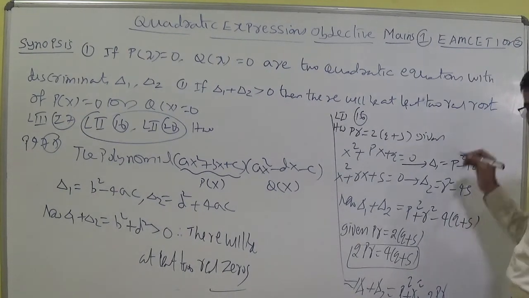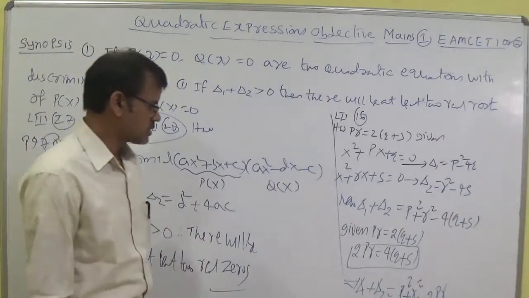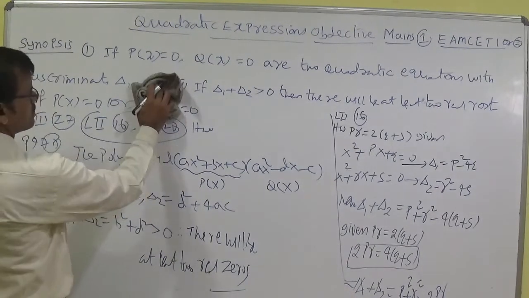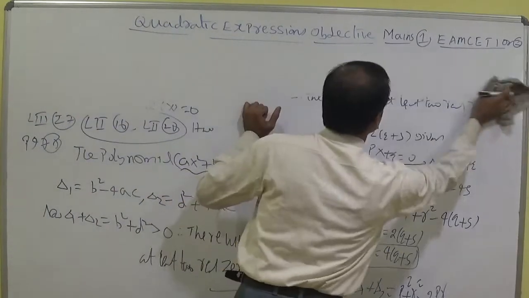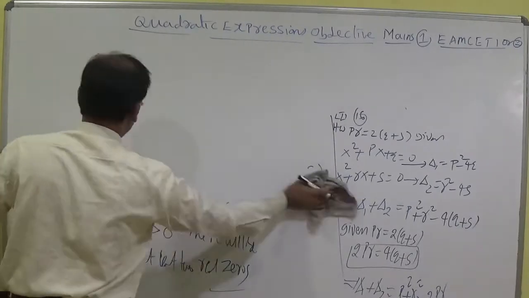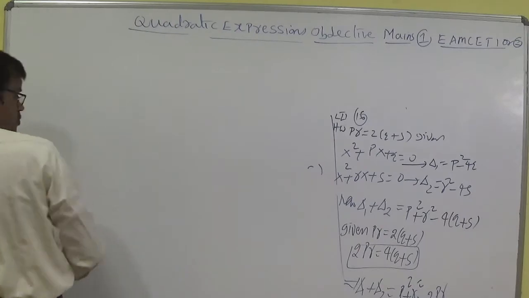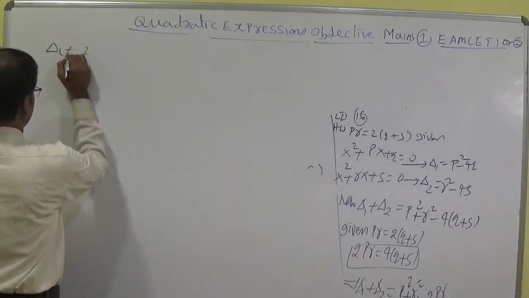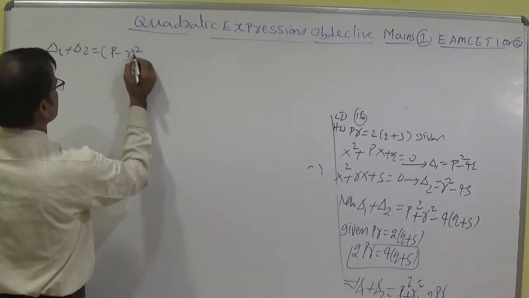Using the a square plus b square minus 2ab concept, the a minus b whole square formula, it becomes p minus r whole square. So delta 1 plus delta 2 is equal to p minus r whole square.